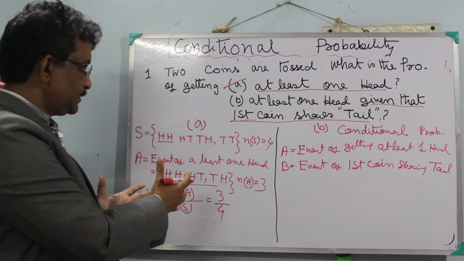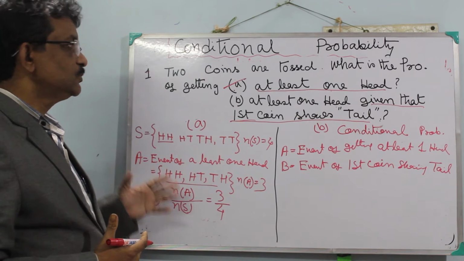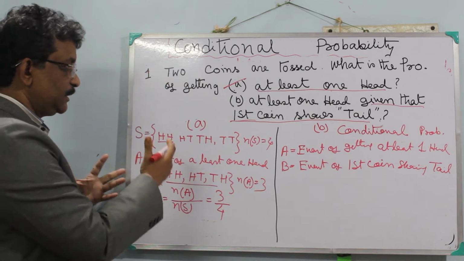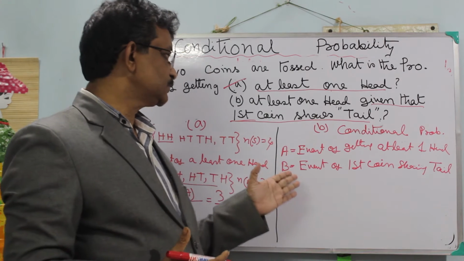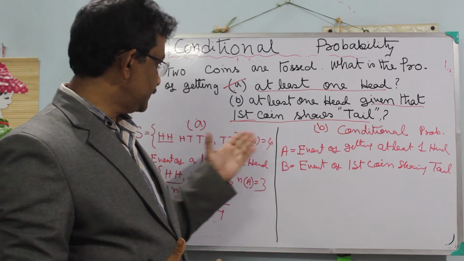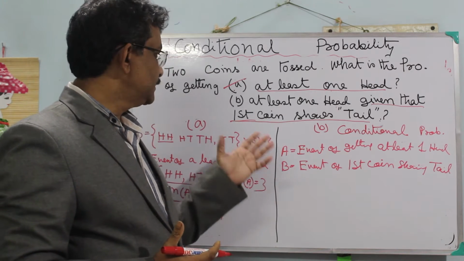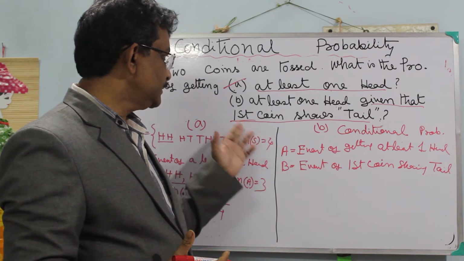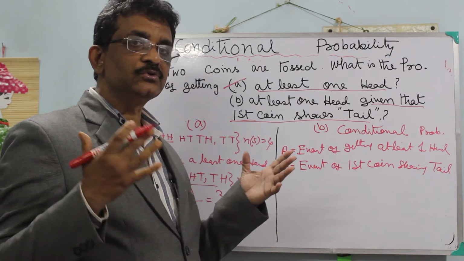In the first case, we are simply asked what is the probability of A. There is no condition, that is, it is an unconditional probability. Now it is asked what is the probability of A, the same, but with one condition: another event B, that the first coin shows tail.